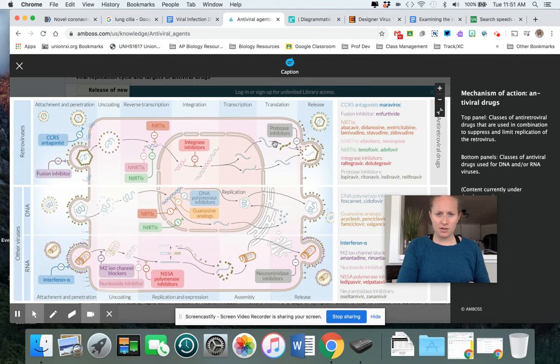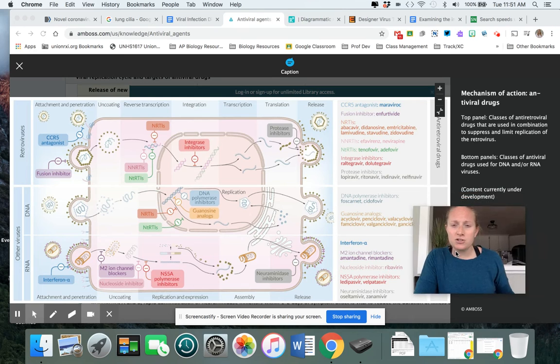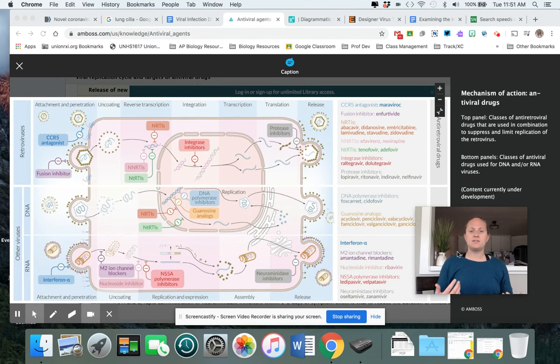So here's an example, and this is a crazy diagram. This is just to show you all the different steps different types of viruses need to infect cells, and all these different types of antiviral drugs are inhibiting at these different levels. If you look at retroviruses, and HIV is a retrovirus, some of them are inhibiting the virus from getting in at all, so they're using a fusion inhibitor.